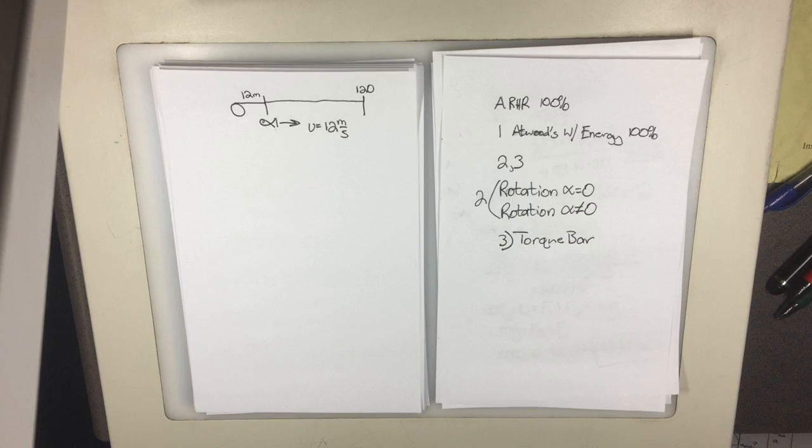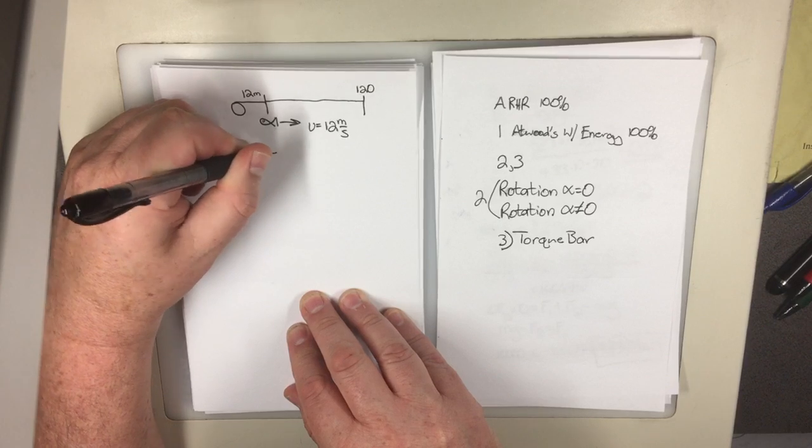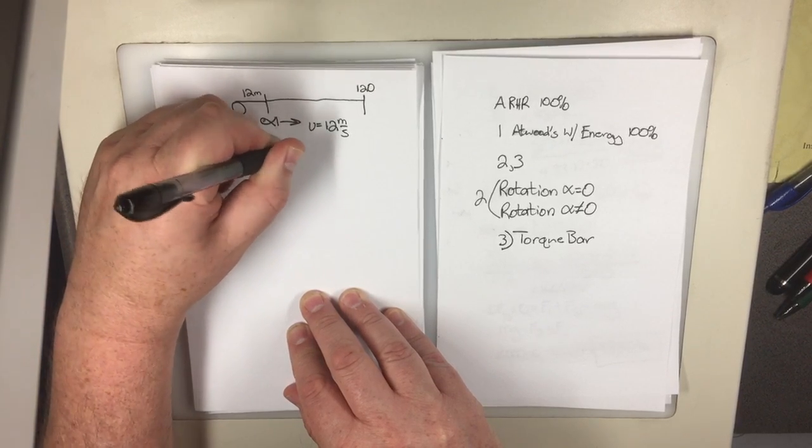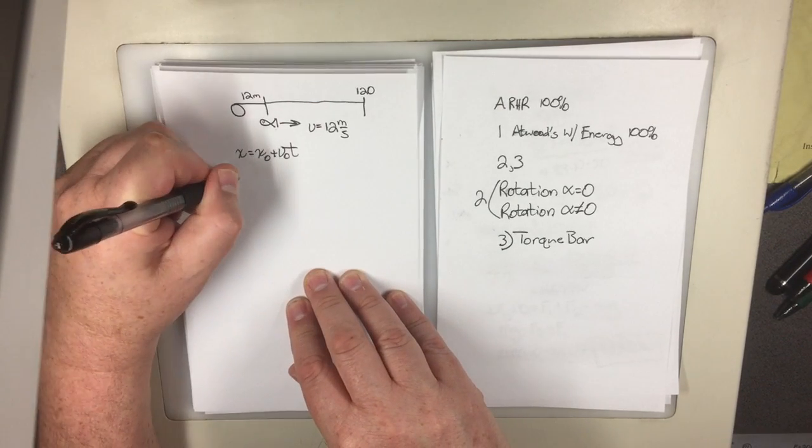Classic one-dimensional motion problem. X equals X naught plus V naught T. There is no acceleration. It is explicitly stated that the fish does not accelerate. Well, it goes from 0 to 12 just instantly and then cruises at 12. I'm looking for time.